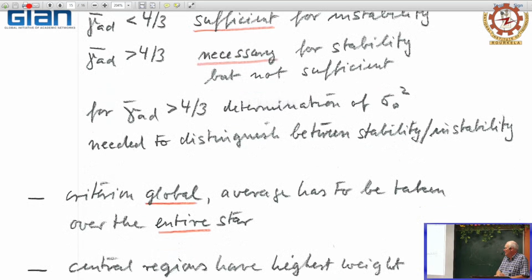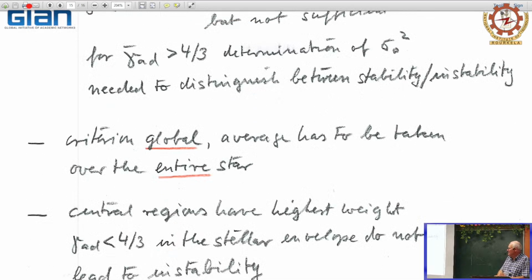Okay. Keep in mind, this is a global criterion. The average has to be taken over the entire star. You cannot just cut the piece you like and determine the adiabatic index in that region and then say, well, I have values of the adiabatic index in the ionization zone below 4/3, so my star will be unstable.